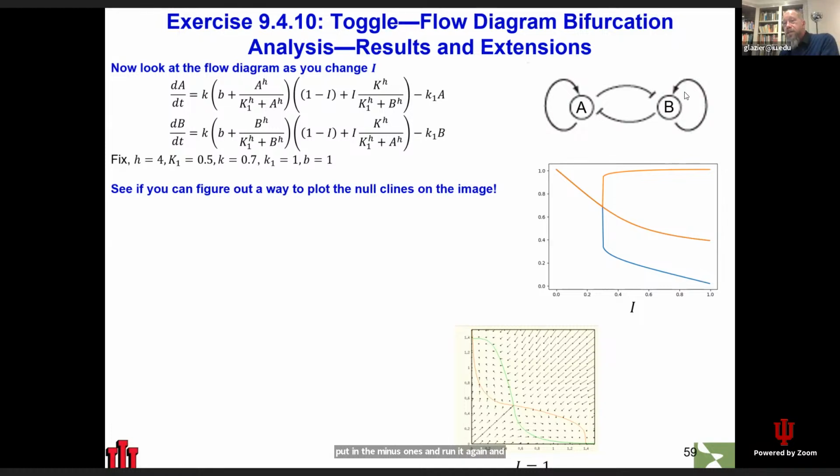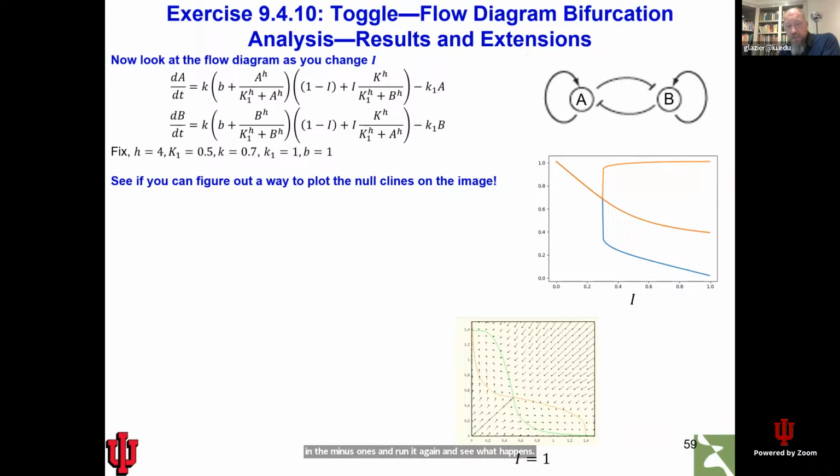Plot exactly the same thing. It might be better to plot what I have here on the screen, the vectors, rather than doing the flows the way you did it.